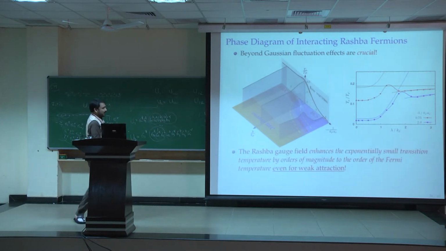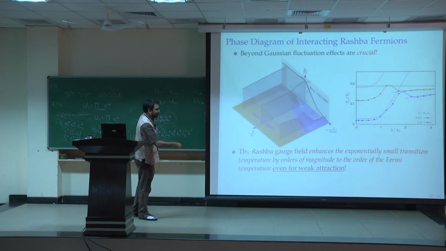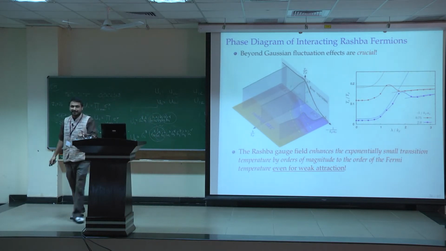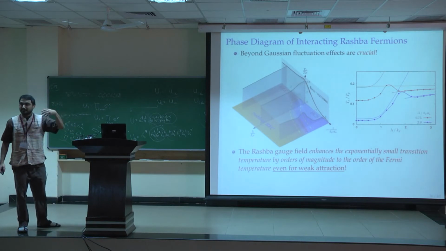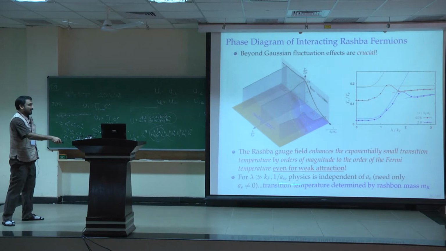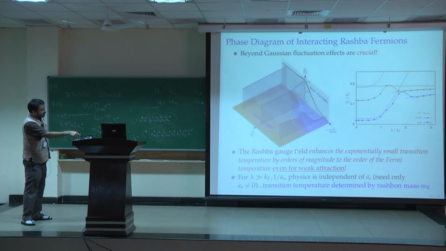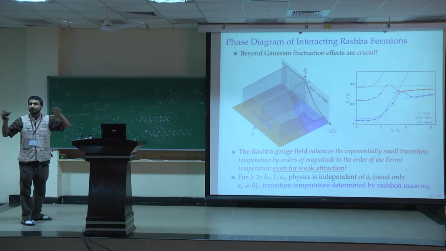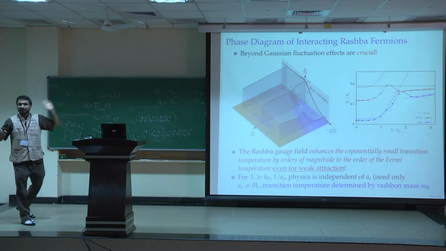So this is the message that even for weakly attractive systems, you can actually enhance the Tc by engineering the spin orbit coupling. And of course the other message is that at large lambda, the Tc is independent of any scattering length. It is simply determined by the Rashbon mass.